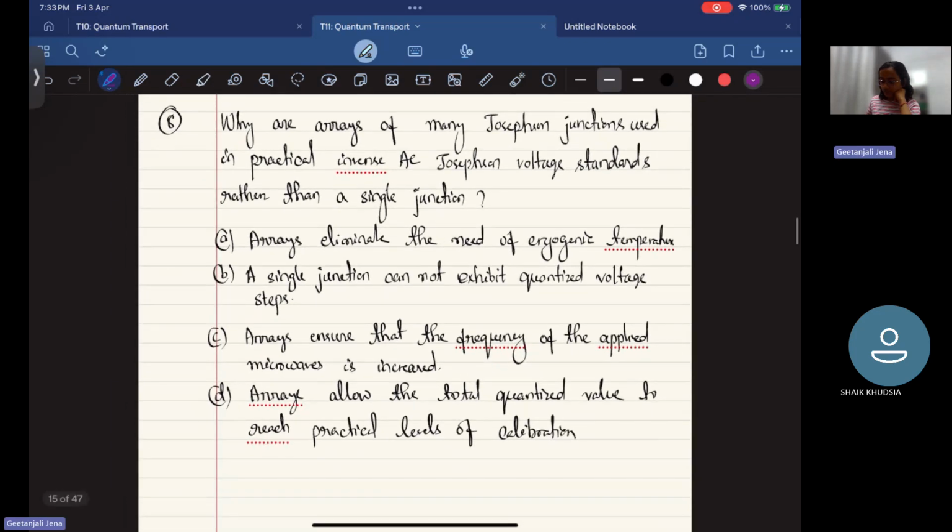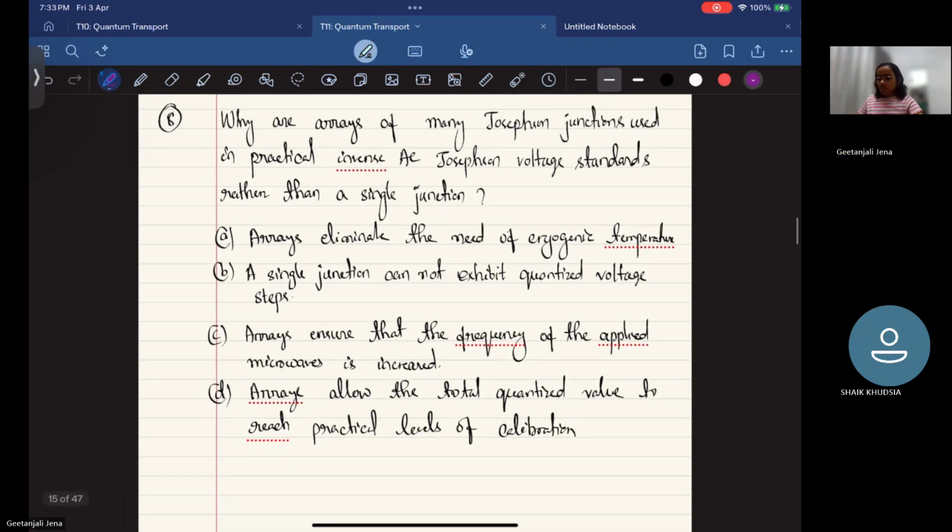Question number 8. Why are arrays of many Josephson junctions used in a practical inverse AC Josephson voltage standard rather than a single junction? So why are we using more Josephson junctions instead of one? Option A, arrays eliminate the need for cryogenic temperature.